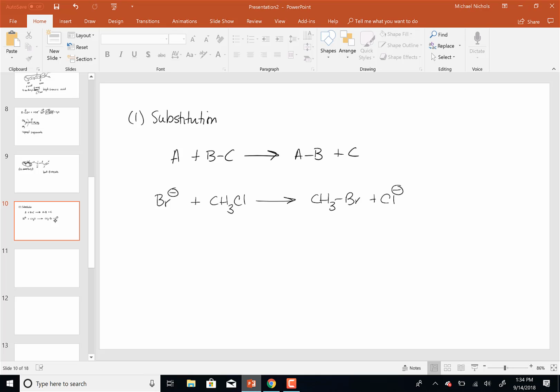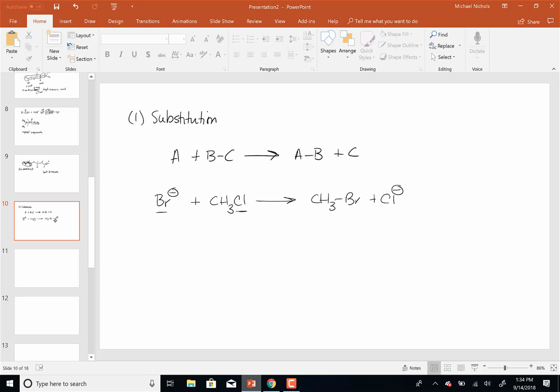So this is a substitution reaction because one halogen has substituted for another. And we could make this a little more complicated, but it's basically one group substituting for another.